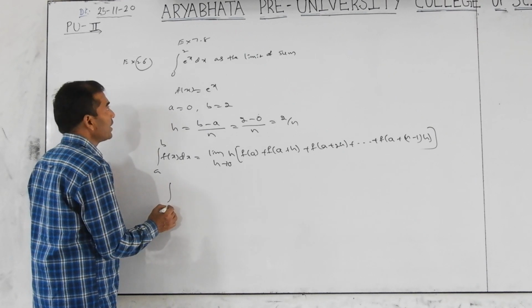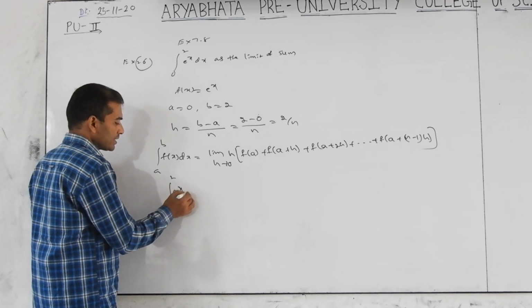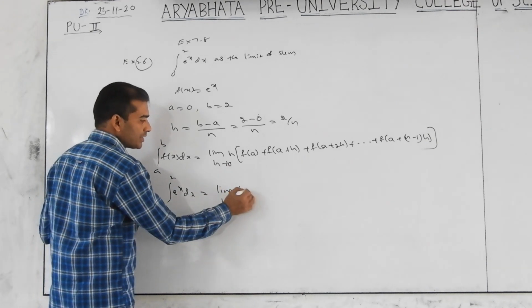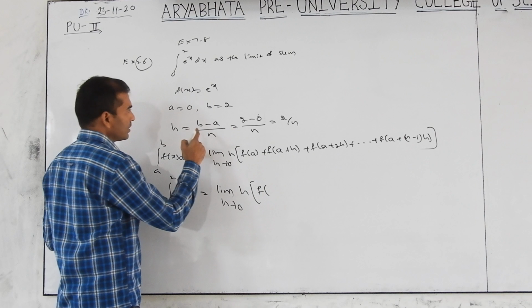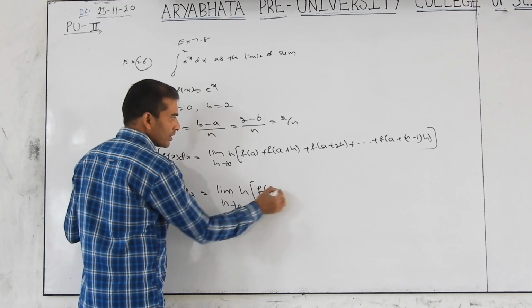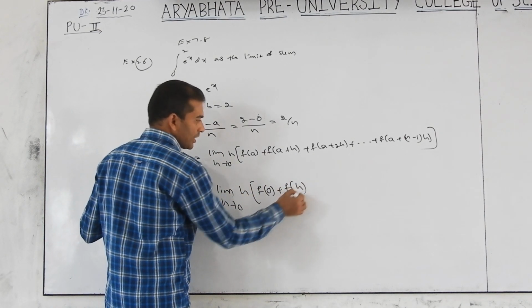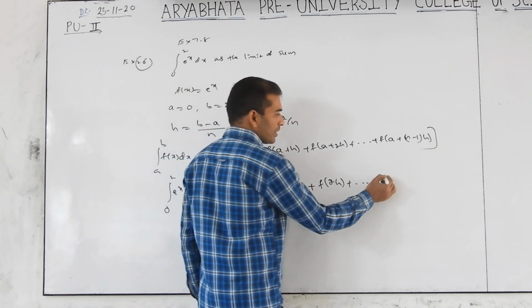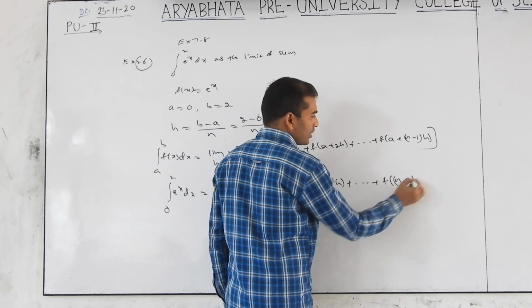Integration of 0 to 2 e power x dx equals limit of h tends to 0 of h into f of a, a means 0, f of 0, f of 0 plus h, 0 plus 2h, and so on, f of n minus 1 into h.